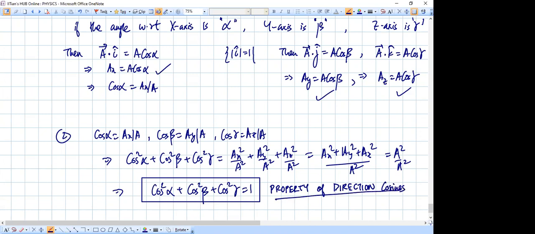A special case of this we'll discuss next also. If one of them is 90, then the sum of the other two has to become 90.